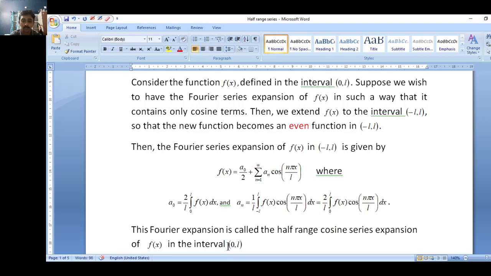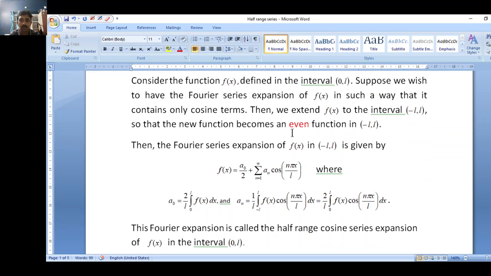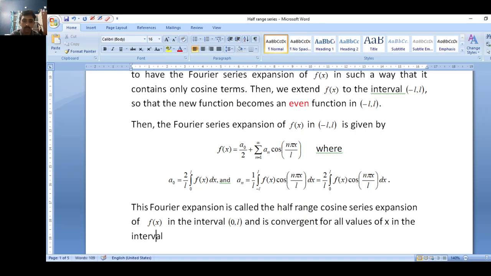It is because the original function is defined in 0 comma L. And very importantly, this expansion that we have is convergent for all values of x in the interval 0 comma L.